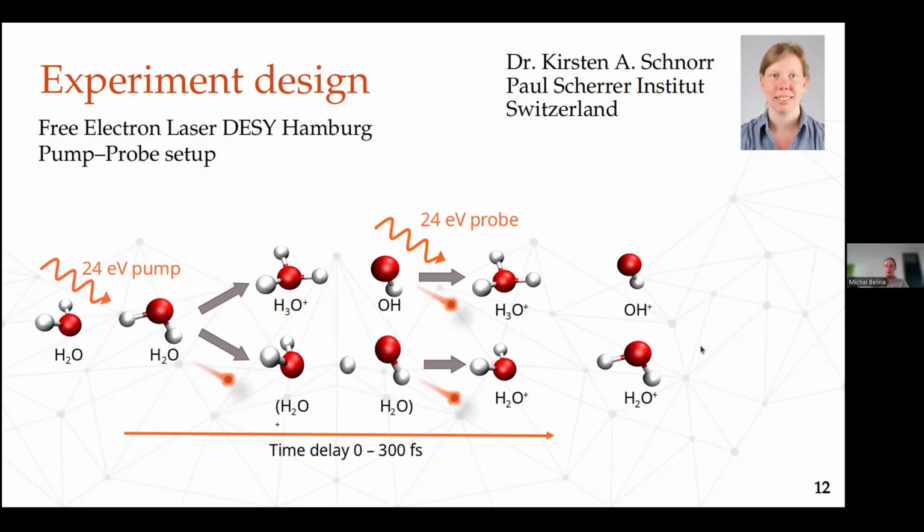And the outcomes of this experiment were observed with a reaction microscope. This coincidence reaction microscope is the experimental device that allows us to track ions originating from the same water dimer.